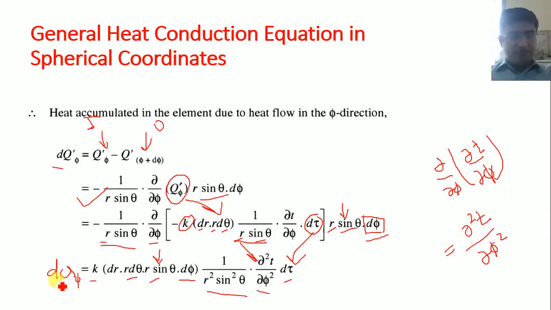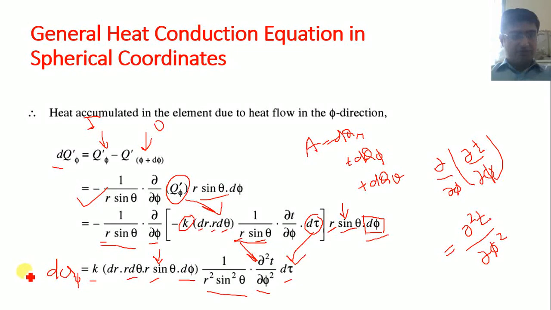Similarly, we have to find the values of dq r and dq theta, so that we can find all the values and place them in the case of a. Simply, a becomes dq r plus dq phi plus dq theta. So we have to find out each and every dq term in each and every direction.